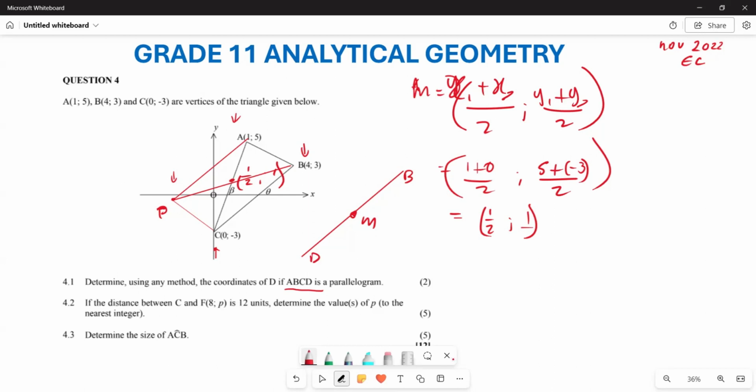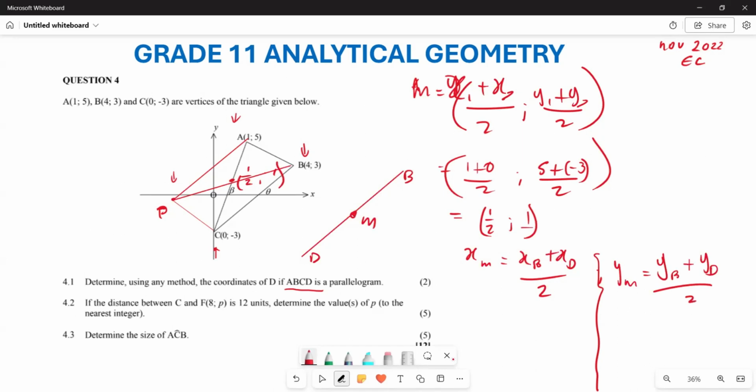I can say, look, the x of M is going to be the x of B plus the x of D divided by 2. And then I can do the same with the y: y of M equals y of B plus y of D over 2.